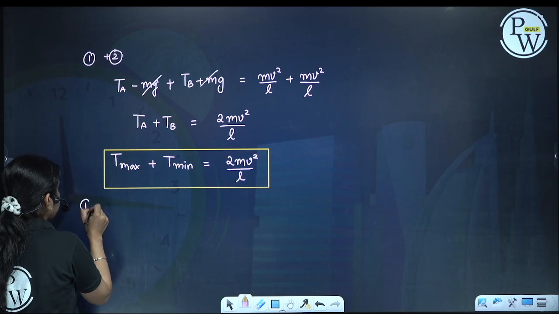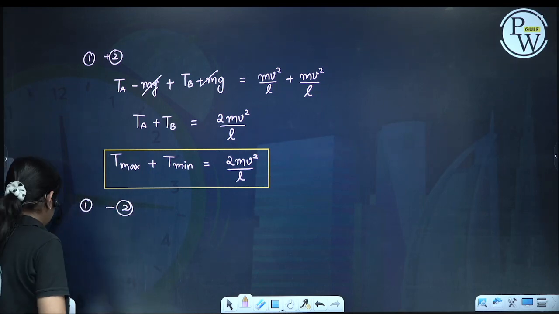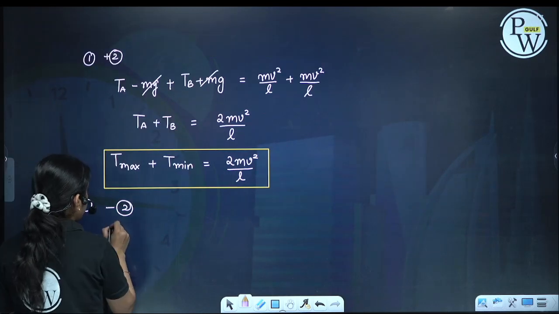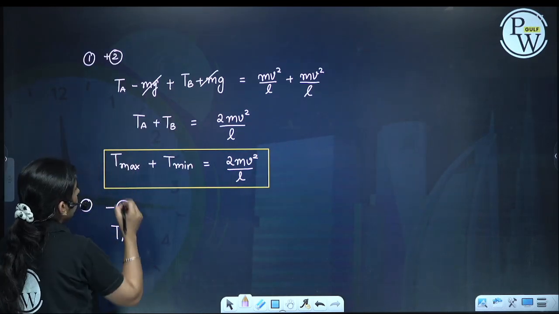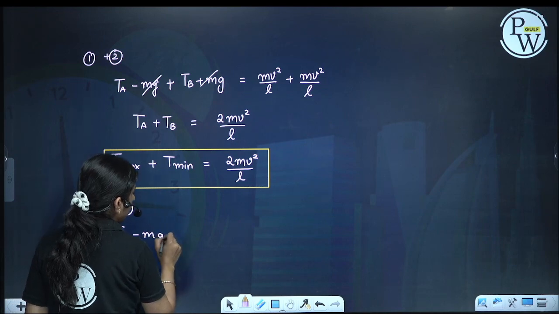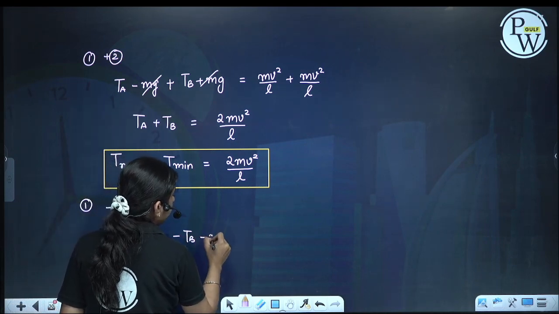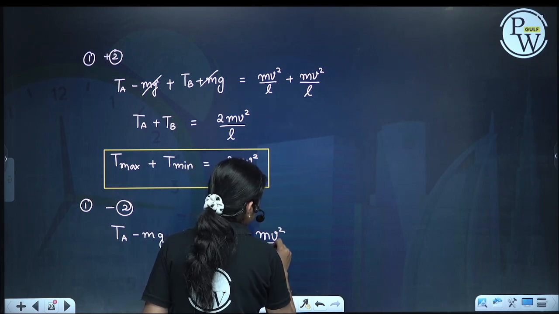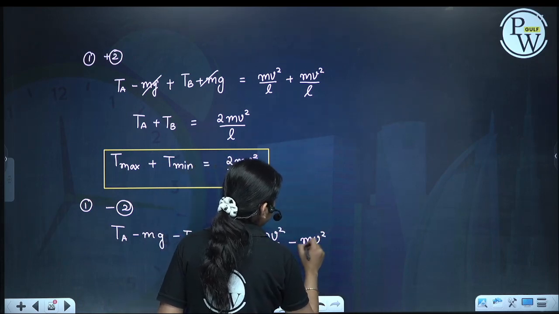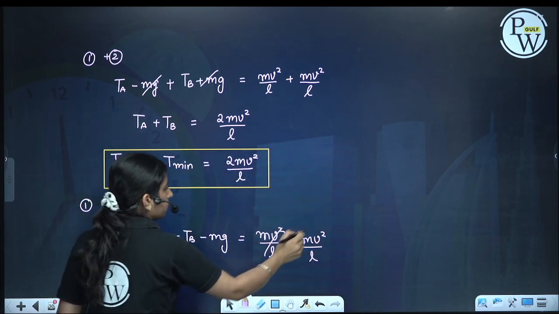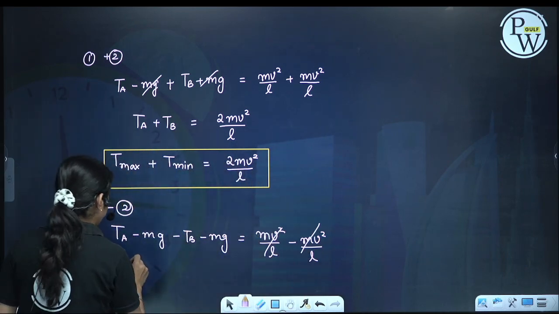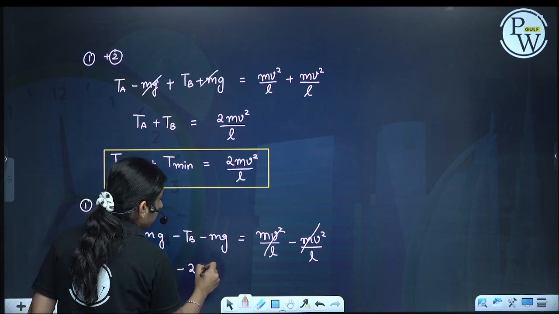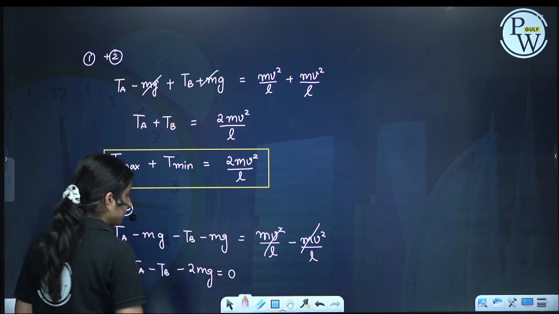Now subtract these two equations, 1 minus 2. We have TA minus mg minus TB minus mg equal to mv square by L minus mv square by L. Now this will get cancelled, so TA minus TB minus 2mg will be equal to 0.